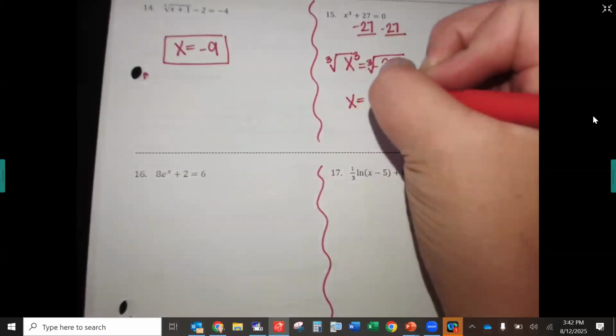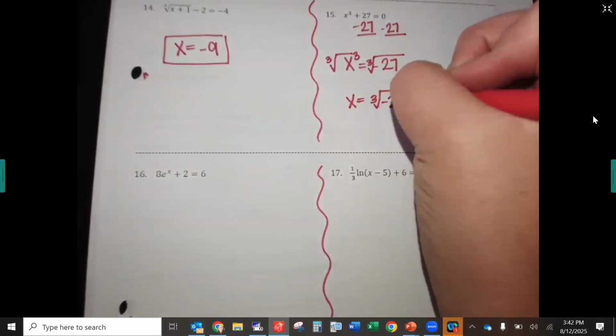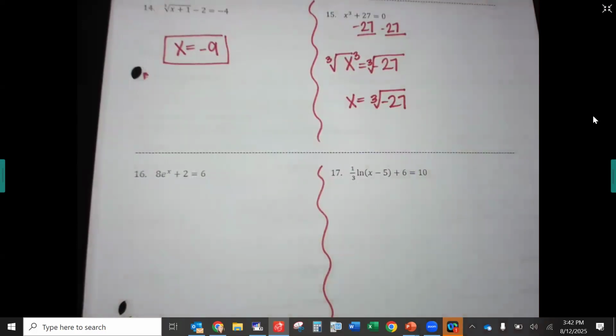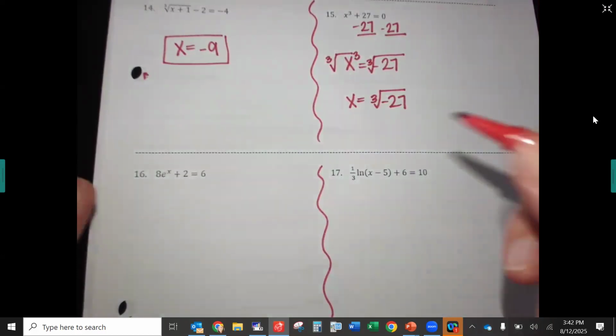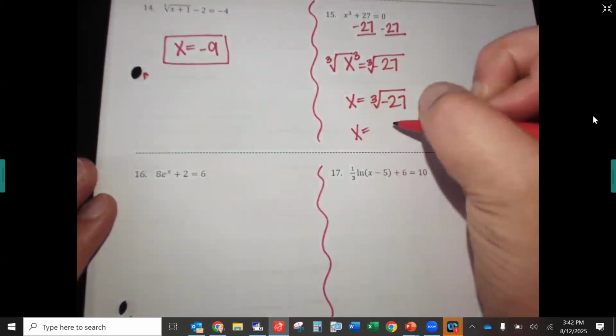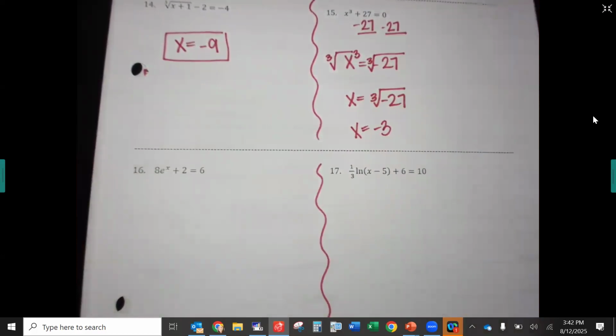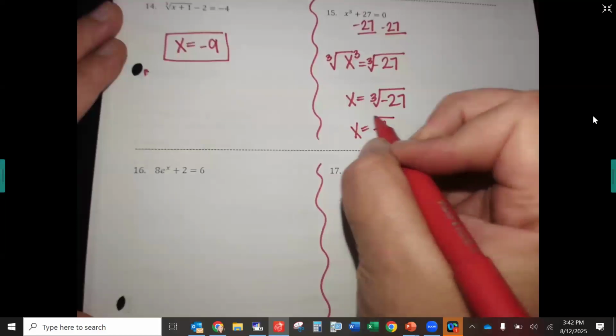Then on this side, the way that you find a cubic root, pretending you don't have a calculator, is you need to look for a number that when you repeat it 3 times, it gives you what you started with. So the answer is going to be -3, but let's check it. What's -3 times 1 more -3, times 1 more -3? -27. Very good.